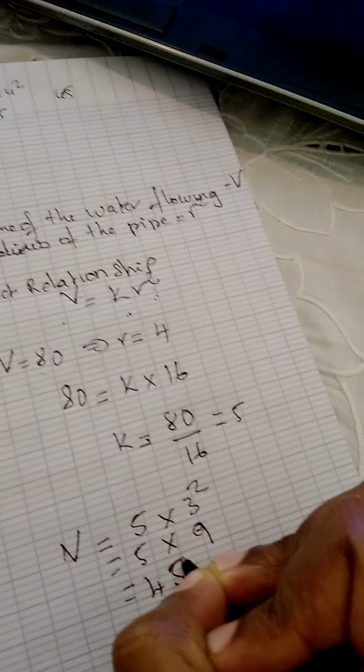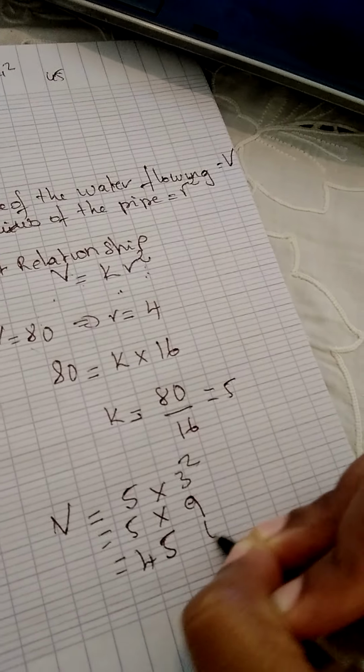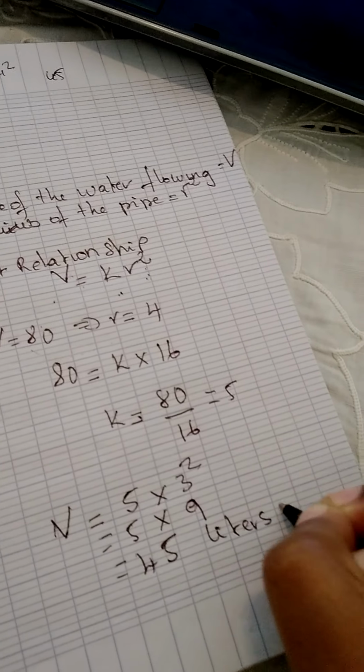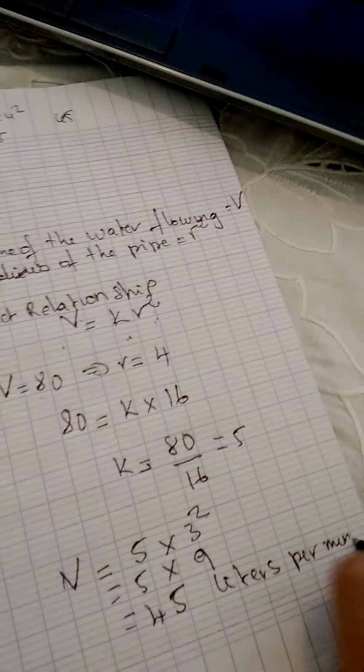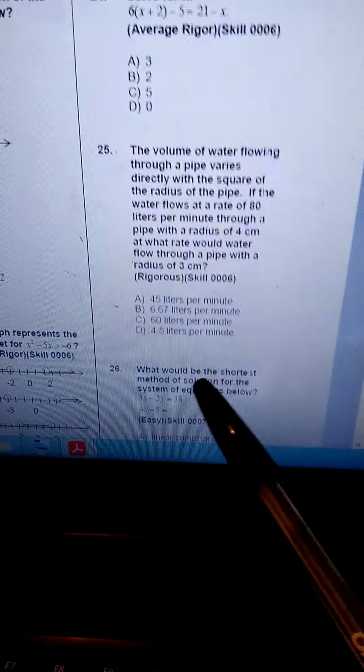So it will be 45 liters per minute. Let me write it. When you look at the question, you can see that the answer is among the given options, and the right one is A in this question.